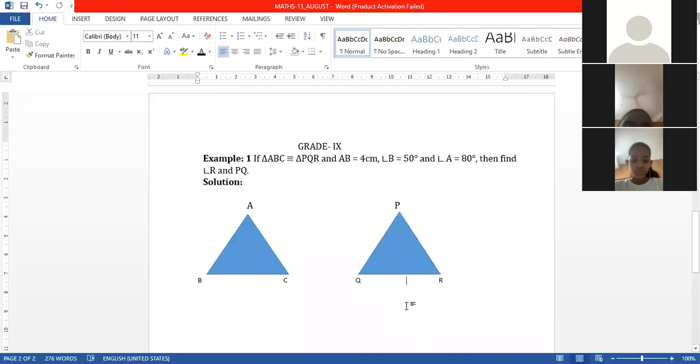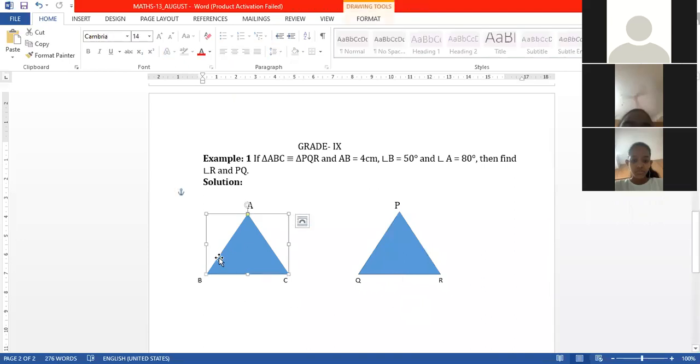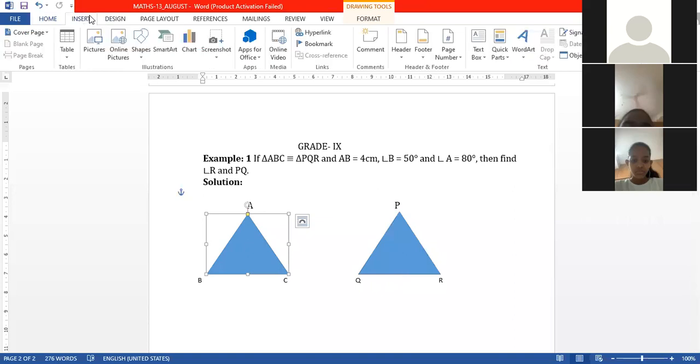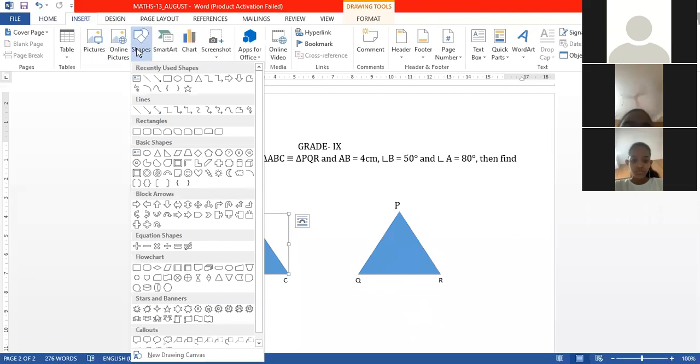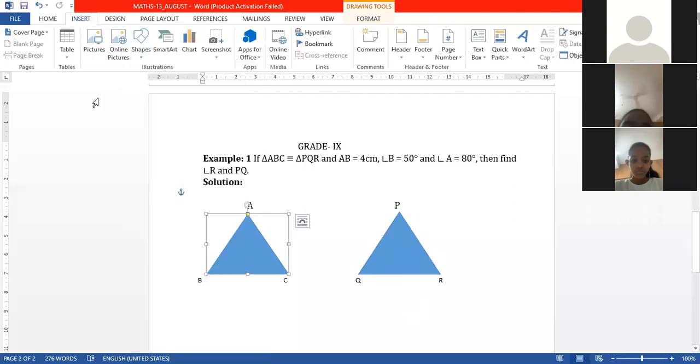Triangle ABC is congruent to triangle PQR. Now in this question, students, you are observing that both triangles are congruent, and angle B is 50 degree.